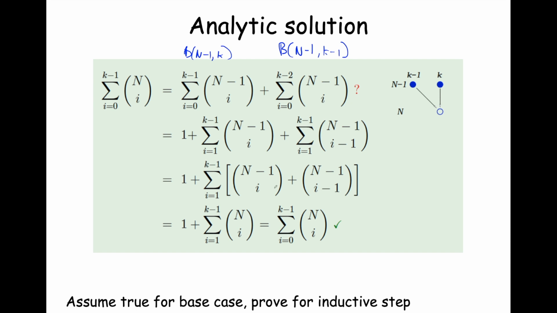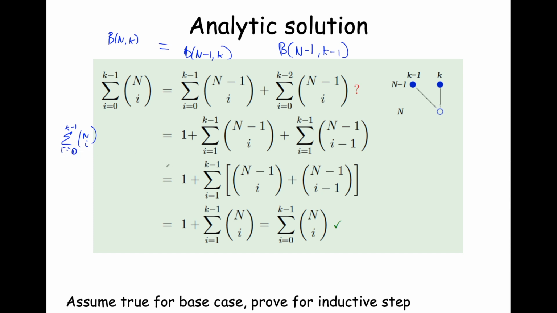And so let's take a look at this. So if we were to plug this in, we want to show that b of n and k is equal to this expression. And of course, for b of n and k, we're plugging in that definition of b of n and k as just being the sum, i goes from 0 to k minus 1 of n choose i.